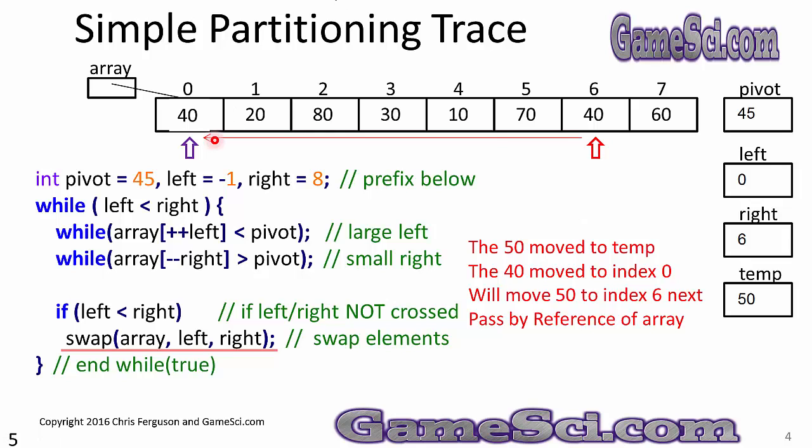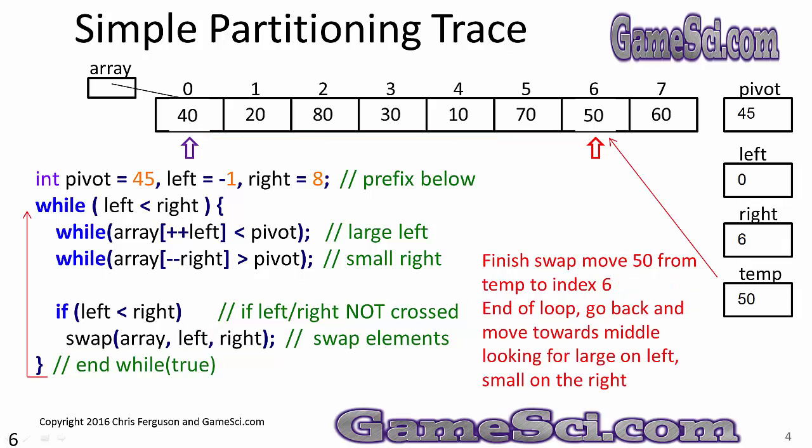But the 50 that was in position 0 moved to temp. The 40 in position 6 moved to index 0. We'll move the 50 next, but what we're doing here is pass by reference of an array. We're swapping left and right in this array. To finish the swap, we move the 50 from temp to index 6.